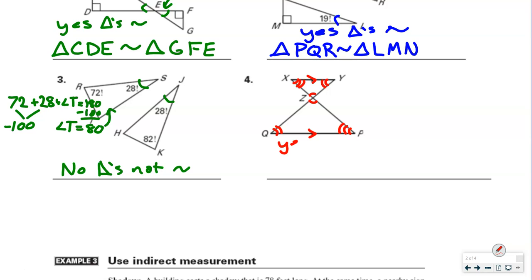So yes, triangles are similar. And a similarity statement could be, if I call my first triangle XYZ, it would be similar to triangle PQZ.